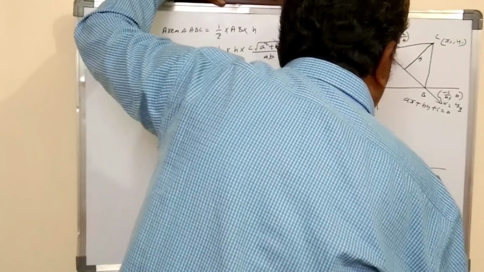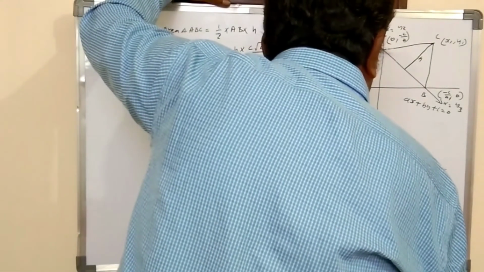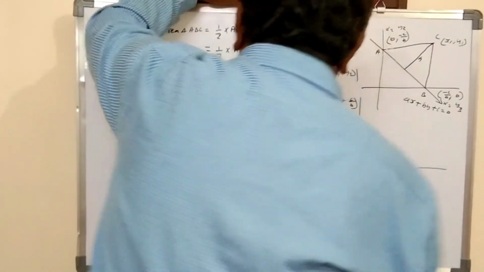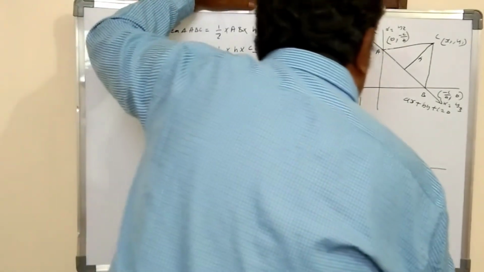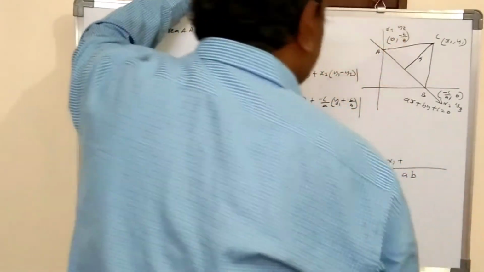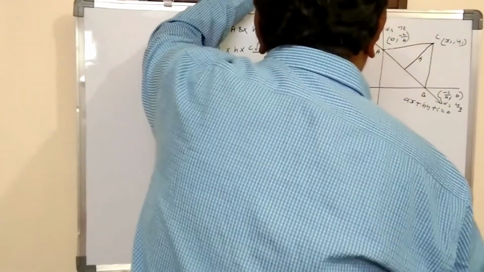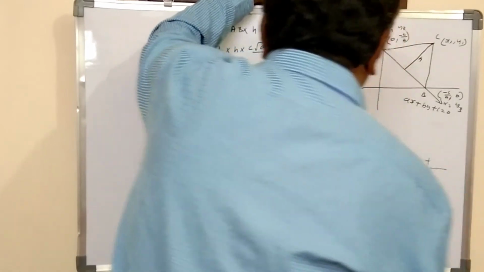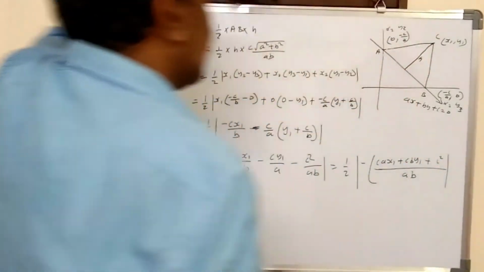ab is the denominator, so this becomes c. Here b is there, so the numerator will get a: c a x1, plus here c b y1, plus here ab is there, so c square. Okay, close it.